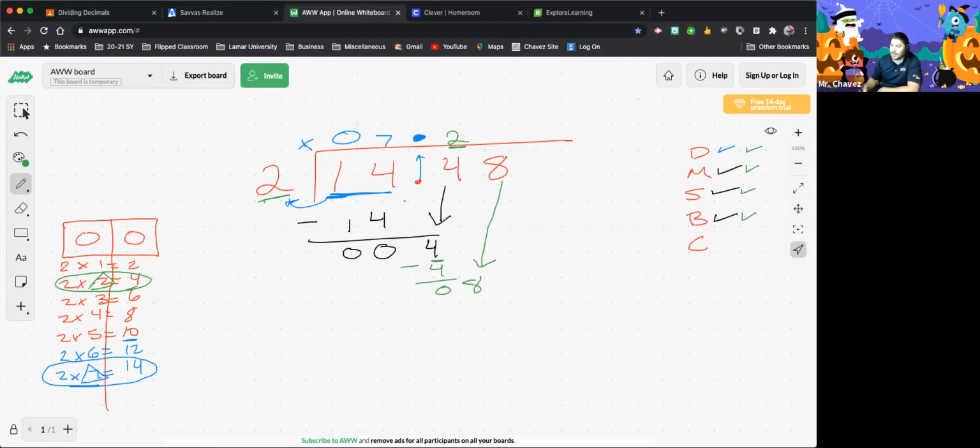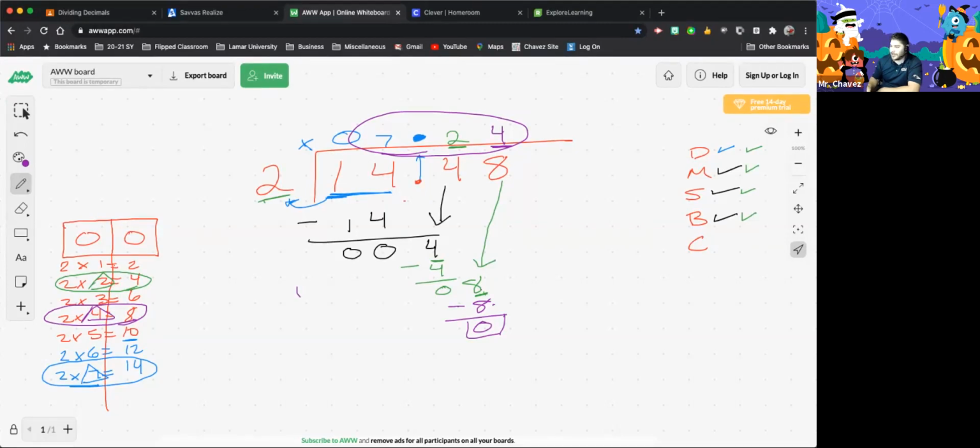So now what number times 2 can equal 8? Well, that's going to be 4. 2 times 4, so I put the 4 on the roof, so I multiply 4 times 2, that's 8. I subtract 8 minus 8, 0. And here is my quotient, 7 and 24 hundredths.